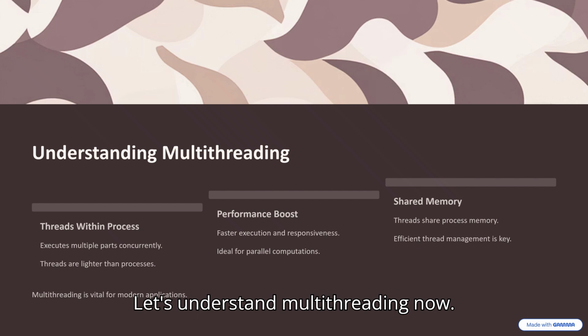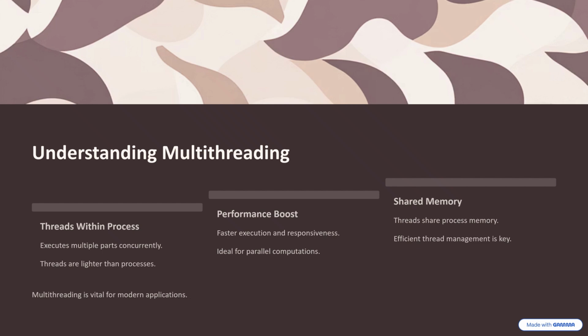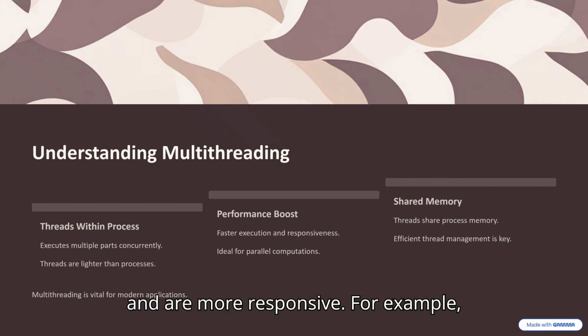Let's understand multithreading now. What is it? Inside one process or program, multiple threads run at the same time, often sharing data and resources. Why is it powerful? Threads are lightweight and make apps faster and more responsive.